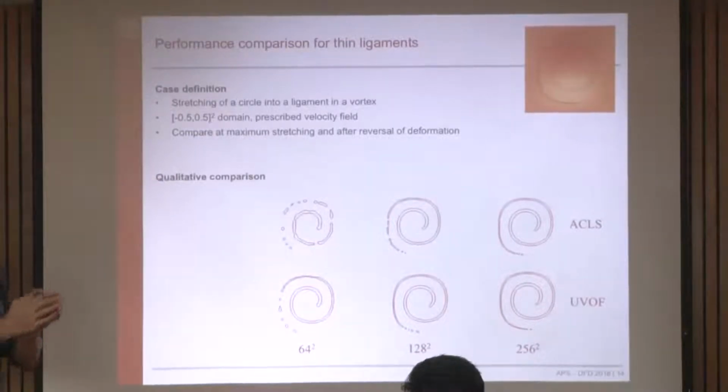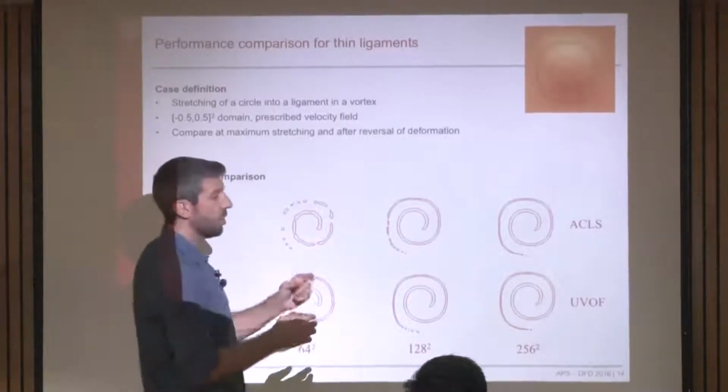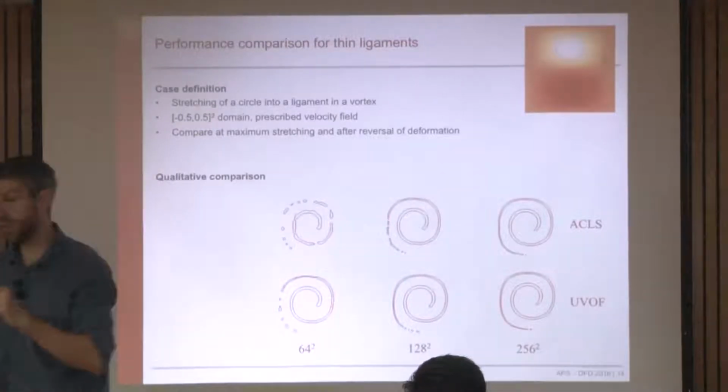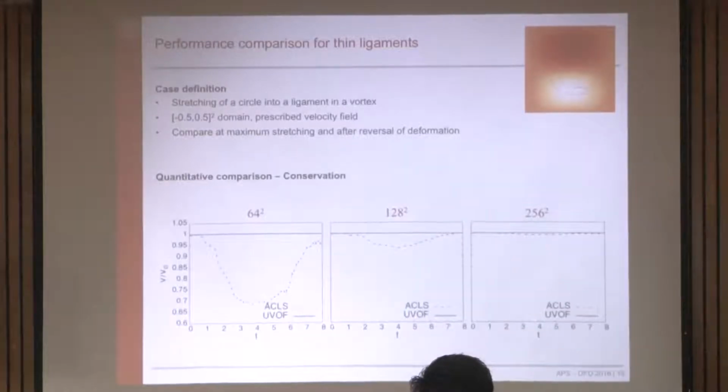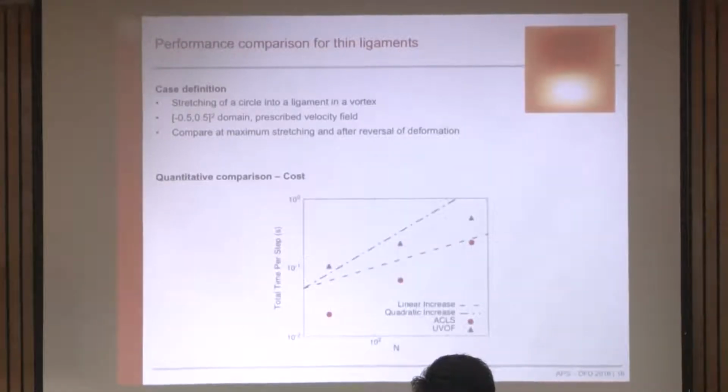It is not really the case with ACLS, which has a somewhat larger thickness. Let me skip this because it says the same thing. Again, if you look at cost, what we find is, not surprisingly, solving a level set problem like we noticed yesterday is pretty cheap compared to solving a VOF problem.